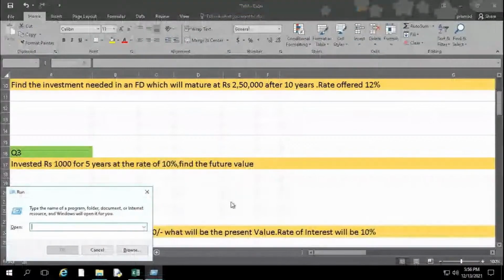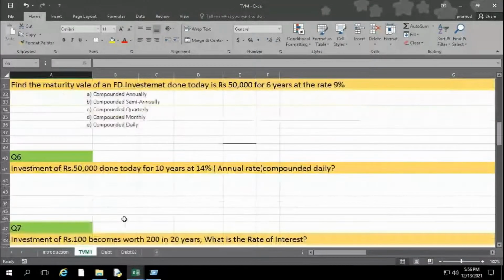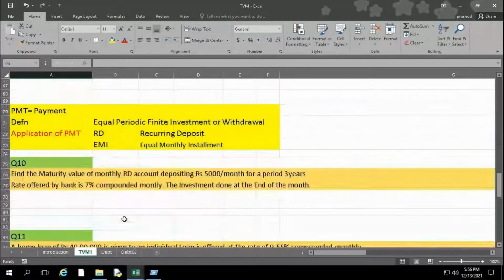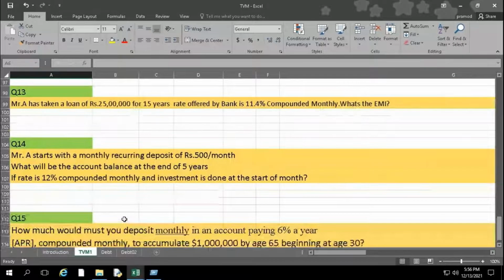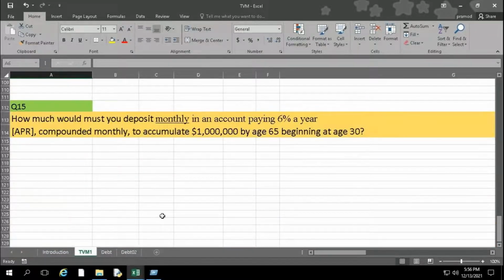So it is monthly, no? Now what you did, divided by 12 and multiplied by 12, is correct.